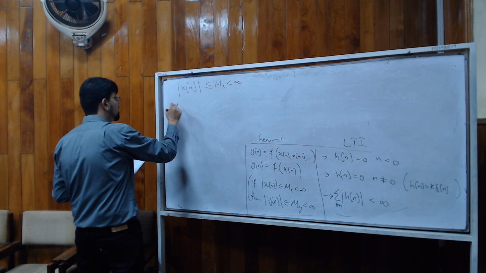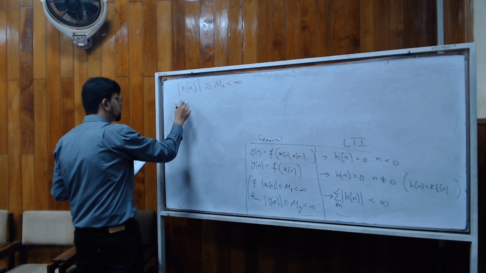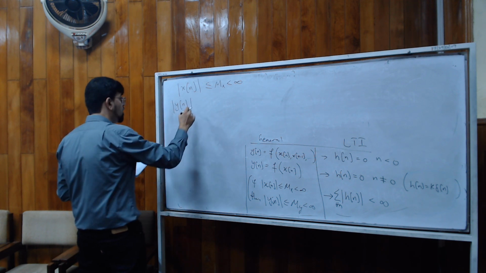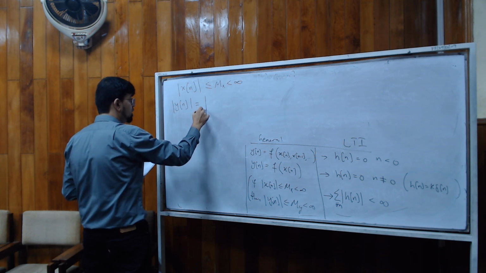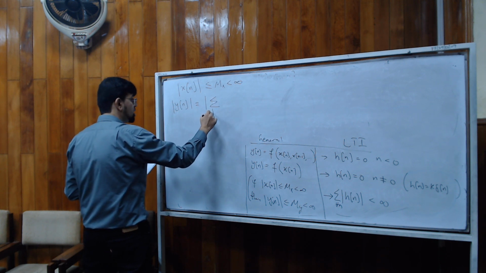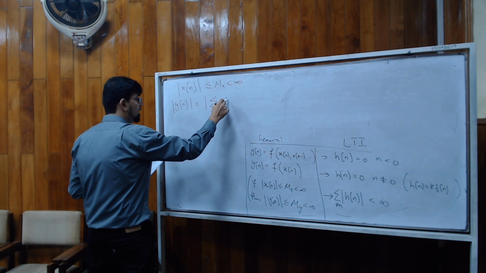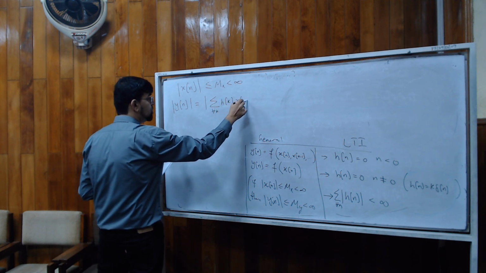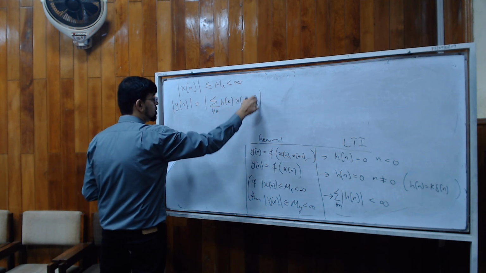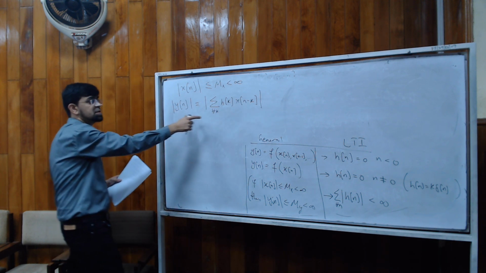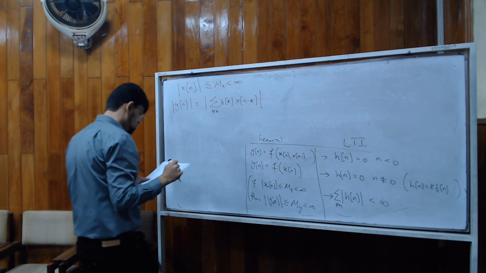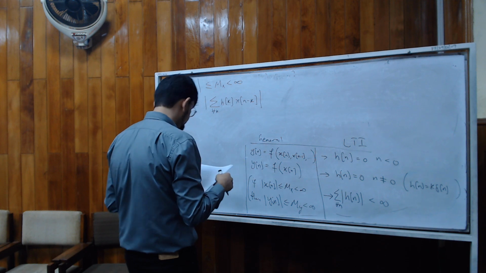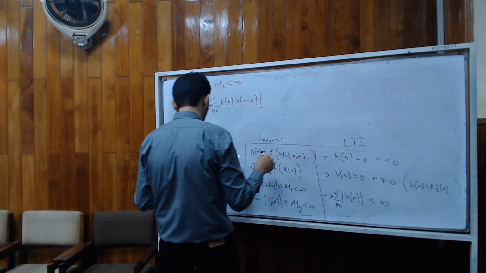Then if the system is LTI, the absolute value of the output simply has to be the convolution that we have been doing, sum of h[k] x[n-k]. So the absolute value of the output is the absolute value of the convolution of the input and the impulse response.